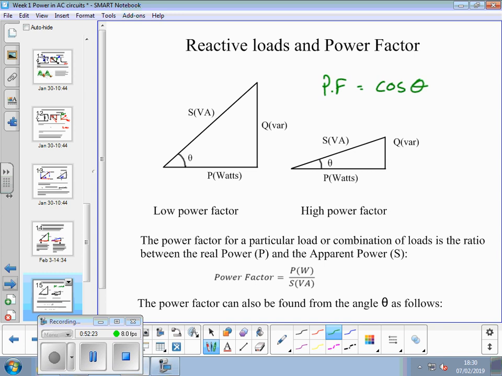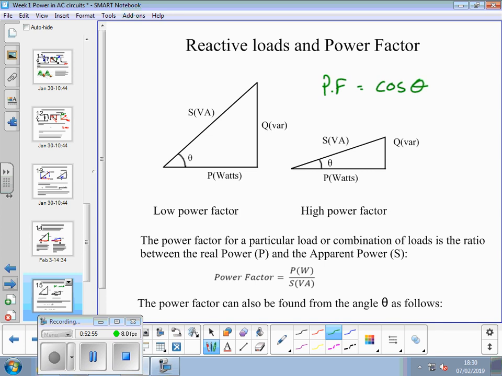So the bigger that angle, the lower the cosine of the angle will be, because the cosine is 1 at 0 angle and 0 at 90 degrees. So as you move that way, you get a lower power factor rating. Higher power factors are as you approach unity. So ideal would be 1, but they don't try and achieve that.